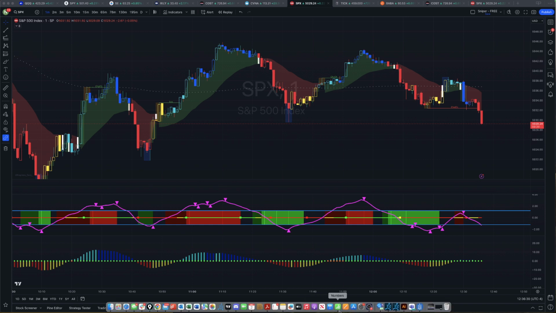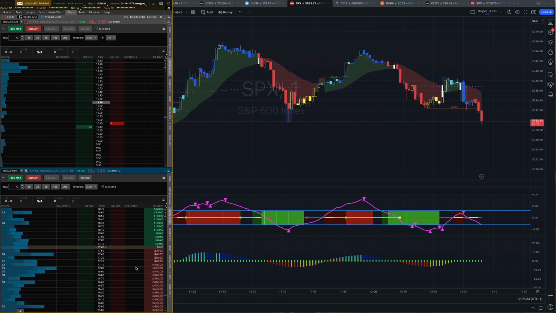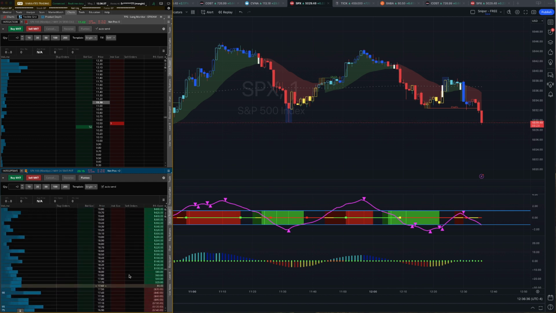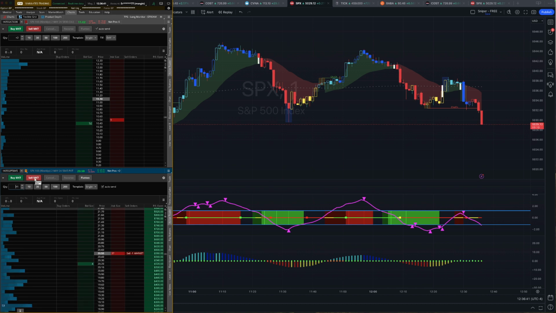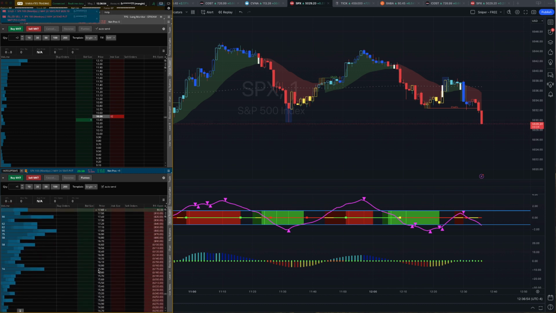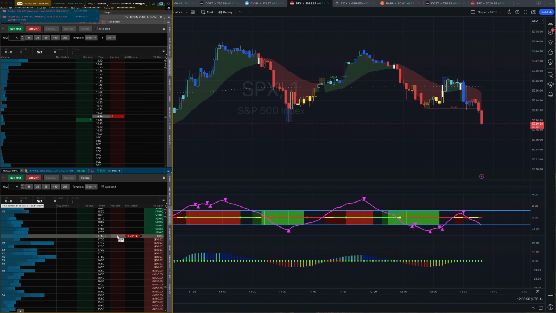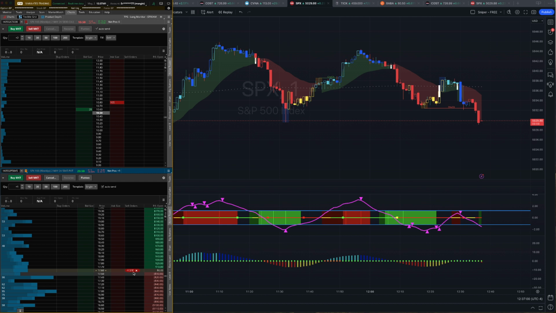Okay, so in this example, we're now up $500. So what I could do is say, all right, I'm going to take one off right here, if I'm trading multiple. And then I have to wait for that to process because these simulated tradings are weird. Then I could come in here and put my second at a break even stop.